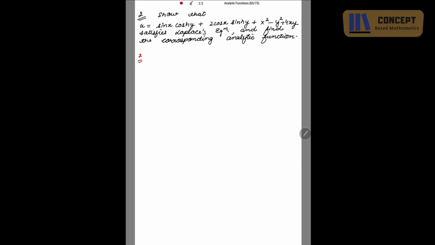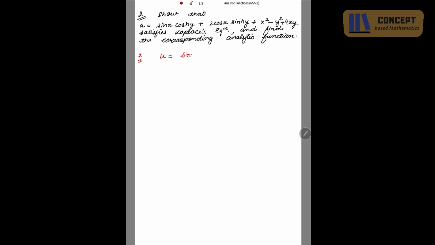show that u equal to sin x cos hyperbolic y plus 2 cos x sine hyperbolic y plus x square minus y square plus 4xy satisfies Laplace's equation and find the corresponding analytic function. The same steps we are doing now. To show this satisfies Laplace's equation, what is u?